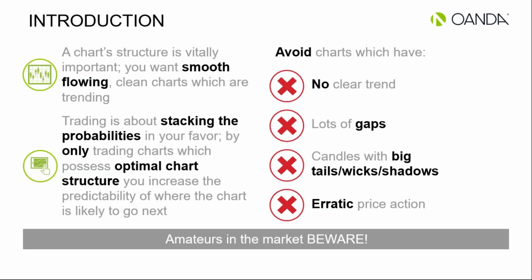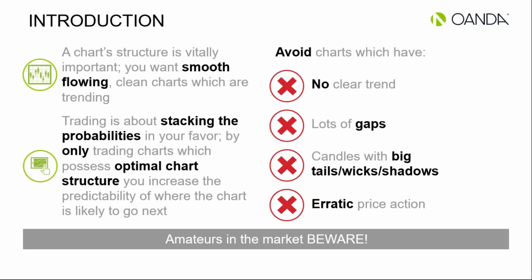So charts that are not trending, charts which have lots of gaps, charts which have candles with big tails, wicks or shadows, and charts which are all over the place. These are all examples of price action to avoid. The reason we avoid them is because when they're not giving us that optimal chart structure, that tells us that there are more amateurs in the market and they behave in a less predictable fashion.